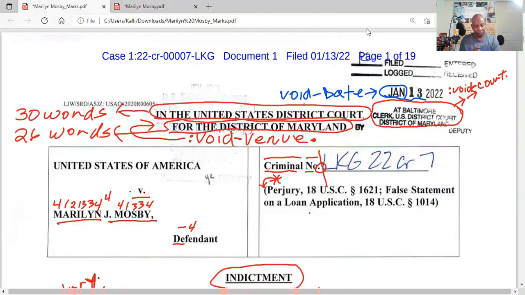Some people may think that these are 1, 2, 3, 4, 5, 6 words right here, but they're not. They're 30 words. Most people may think that this is 1, 2, 3, 4, 5 words, or 6 if we count this, but we're looking at 26 words. We don't know what this means. There's no closure for that. So this is void for vagueness.